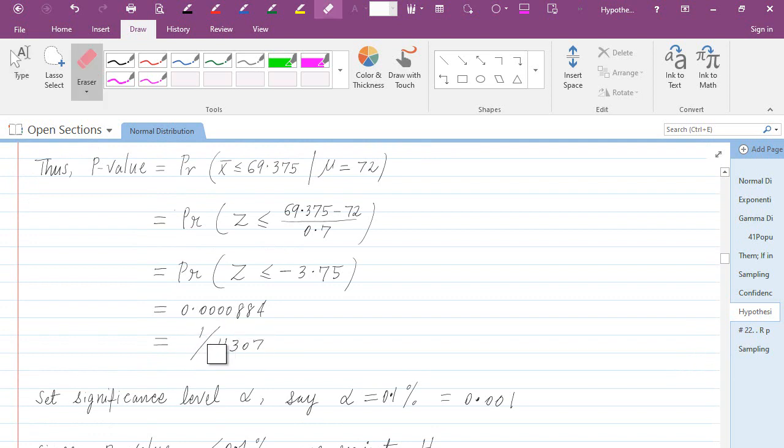It tells us that the possibility that we are going to get a sample mean less than the observed one is 1 out of 11,307.